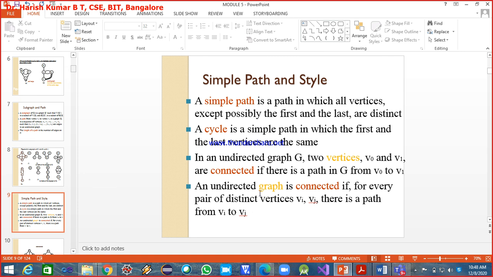So for you to say an undirected graph is connected, there has to be a path between every pair of distinct vertices. That path need not be a direct path, but some path should exist. Then we say the undirected graph is connected.